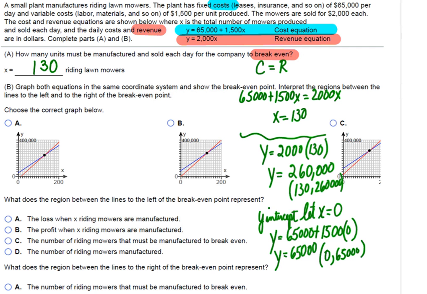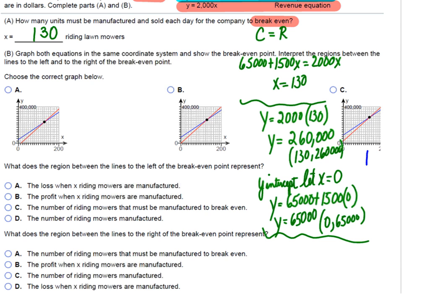Another thing is on my revenue, my y-intercept, I'm going to change colors. Y would be equal to 2,000 times x. And if I use 0, then y is equal to 0.